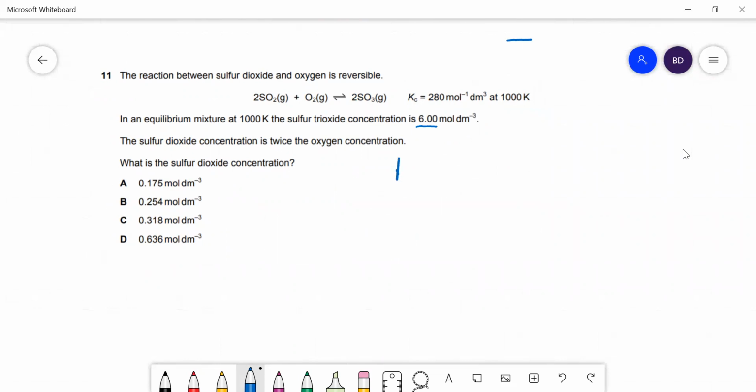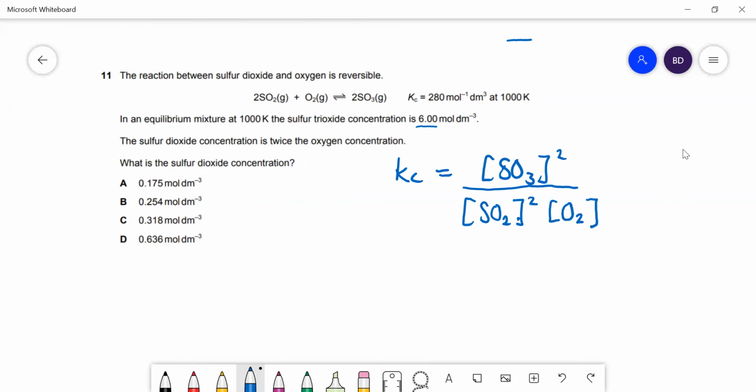So the expression for Kc is going to be concentration of SO3 squared divided by the concentration of SO2 squared multiplied by the concentration of oxygen. Okay. Now, what do we know here?